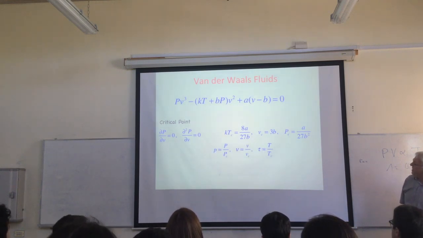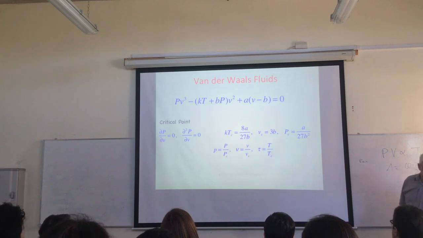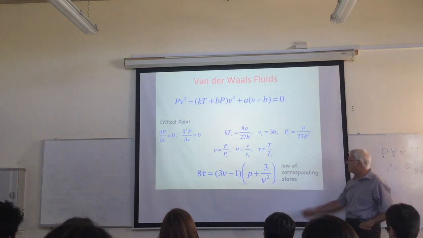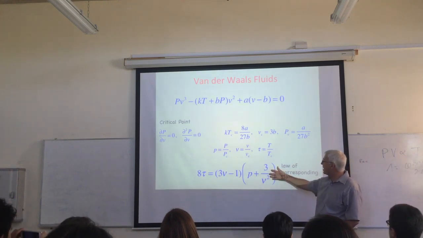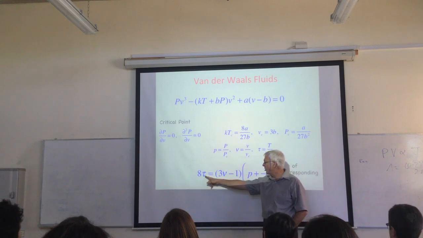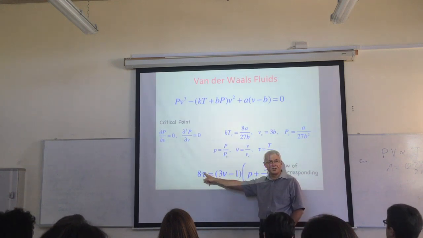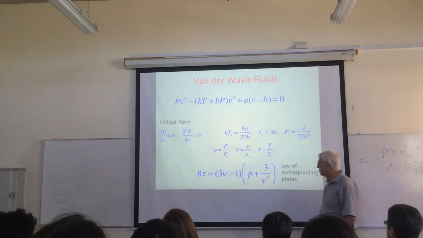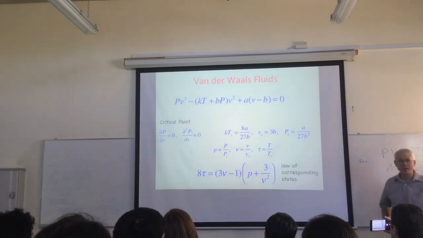And so if you rescale these variables in terms of their critical values, you obtain what is called the law of corresponding states, which is just a way of rewriting the Van der Waals equation to put temperature in units of critical temperature on one side and these other variables on the other side.